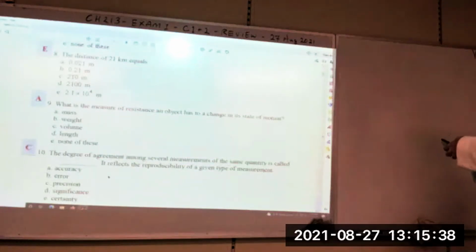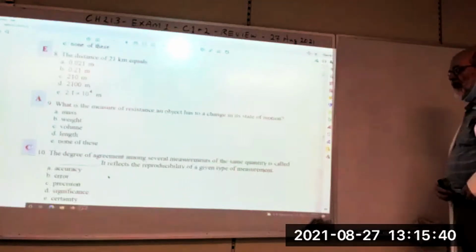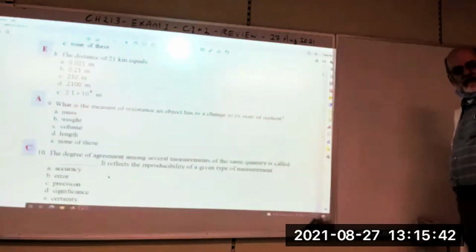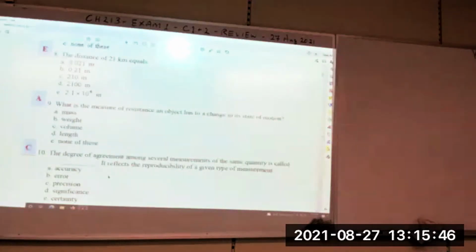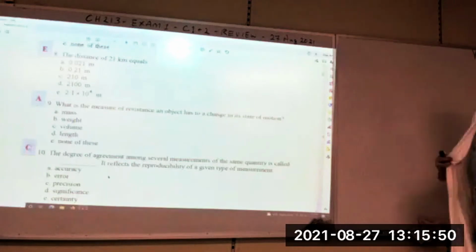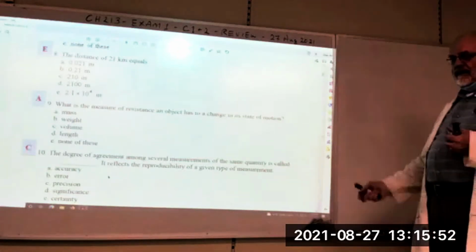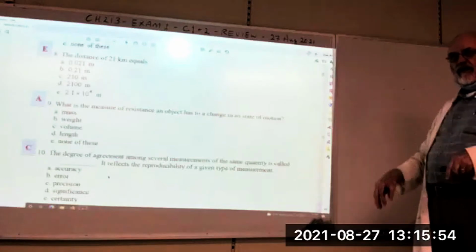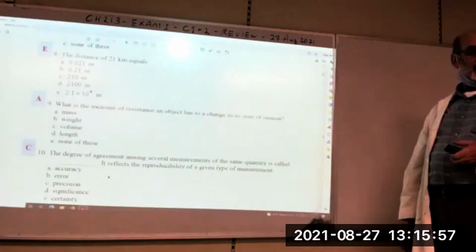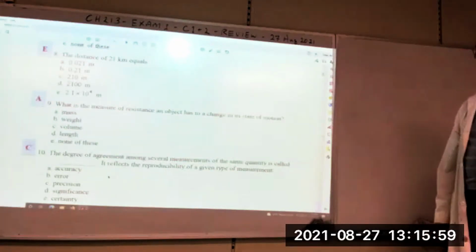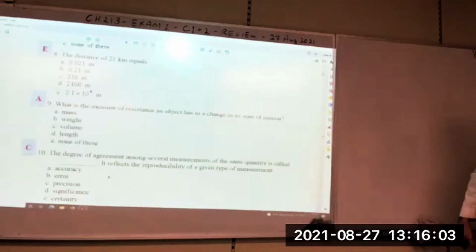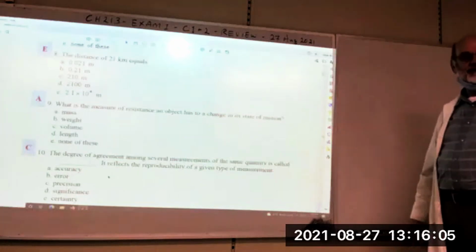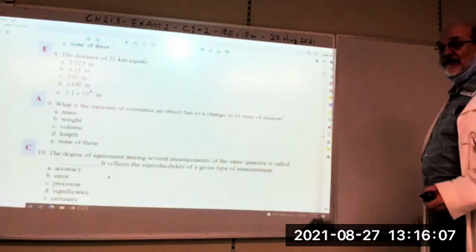Oh, this is good. What is the measure of resistance an object has to change in its state of motion? There's a word for that. Called inertia. When I think of inertia, I always think of a set table on a tablecloth. One of those satin tablecloths should be low friction. And you just take the tablecloth and jerk it out from under and everything just stays right there, if you do it right and quick enough.